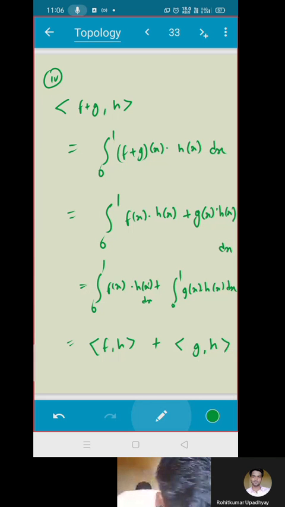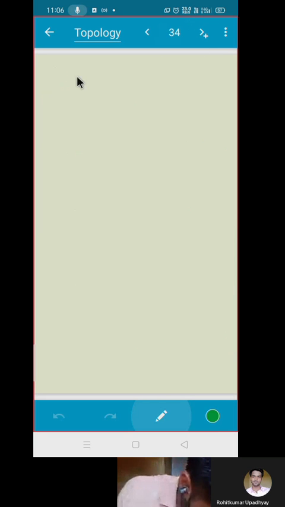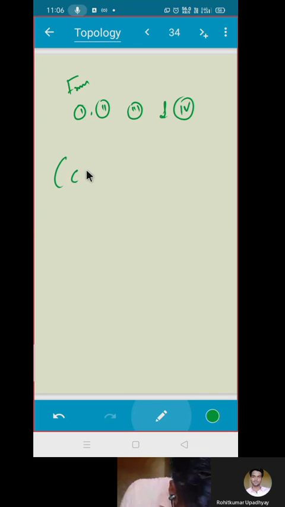Okay. So what is the conclusion? Have we proved all the four properties? So what is the conclusion you make? Hence you can say from 1, 2, 3, and 4 that C[0,1] with the inner product defined is an inner product space.